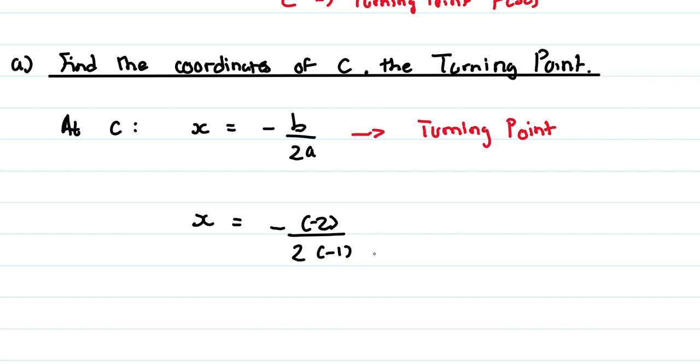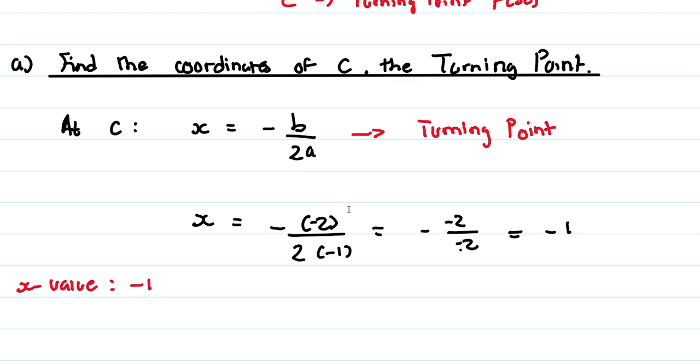So this is going to be negative of negative 2 over negative 2, the negatives cancel out, and then we have negative 1. So that is our x value. The x value for the turning point is -1.